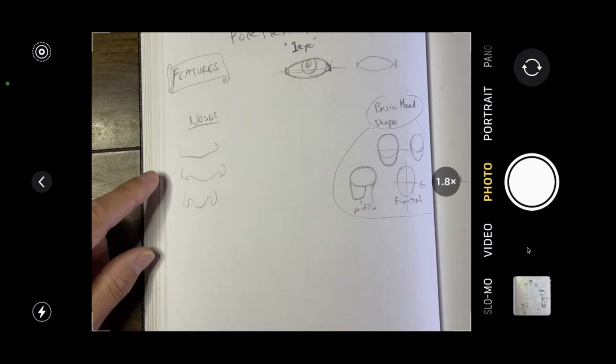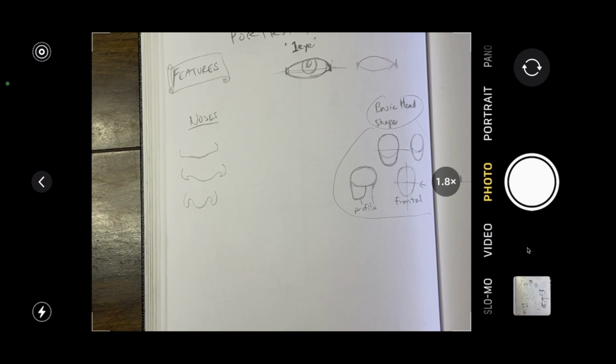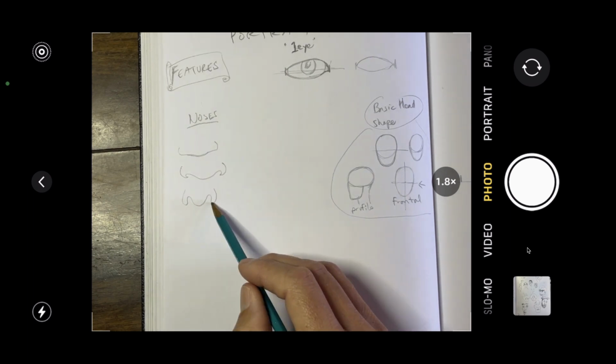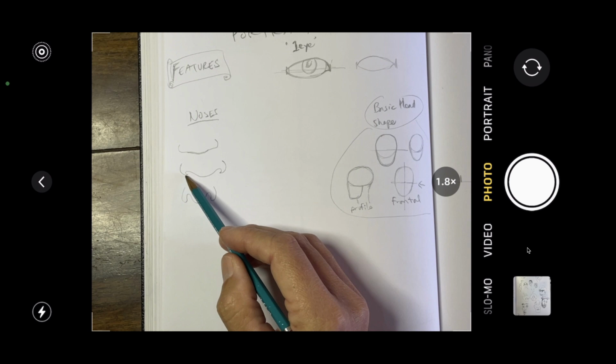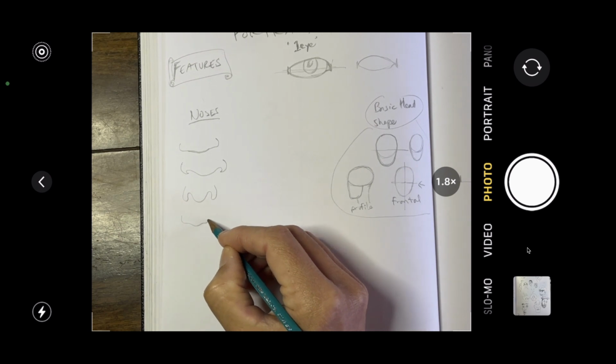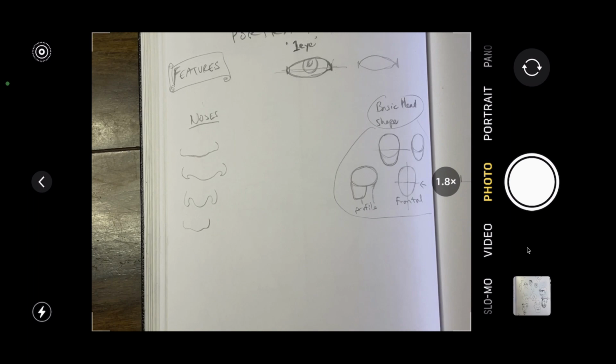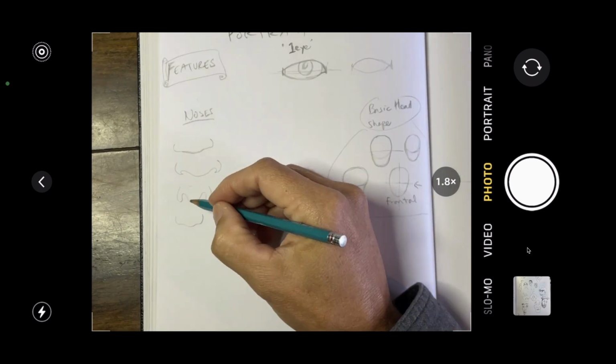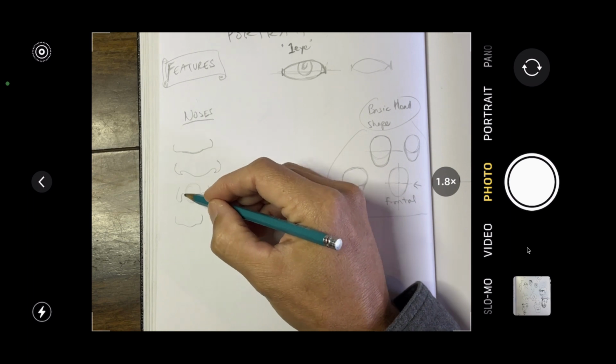All right. And so we make a guideline similar to these. They're like an M with wings. See the M right here? It flips up or it's stretched out. It might be more like that. So try a few different nose shapes, noticing that there's like this fleshy part in the middle and then some nostrils.